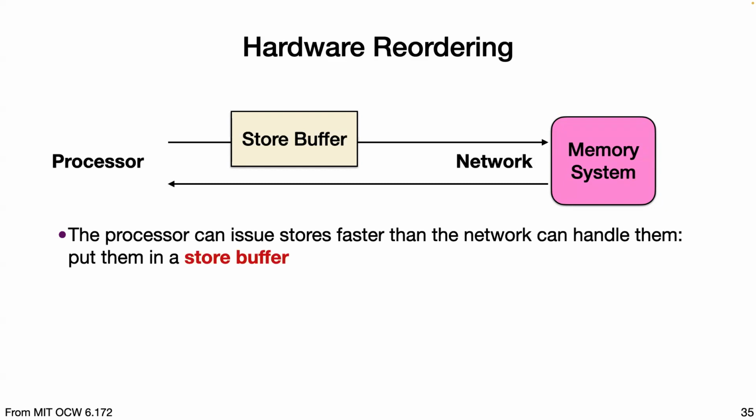If you're not immediately using the results of the store afterwards, the program doesn't need to finish the store to keep going for correctness' sake. And so there's a store buffer that can buffer the instructions, and if the processor is issuing a lot of stores, it can just put them in the buffer and keep going with whatever it needs to do. And then the network can eventually flush this buffer down into memory.